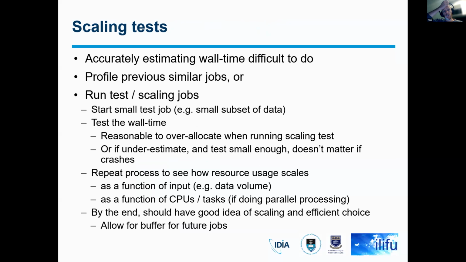Now, the other strategy that I want to speak about is scaling tests. With scaling tests, what you're really trying to achieve is a better estimate for the resources that your jobs are actually using. Specifically, your wall time might be quite difficult to estimate accurately, especially for long jobs, because there might be other things that affect this as well.